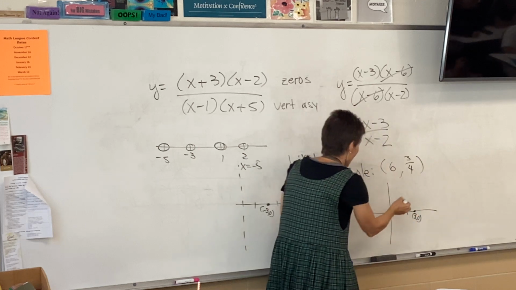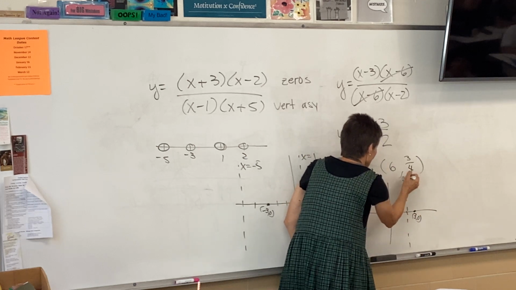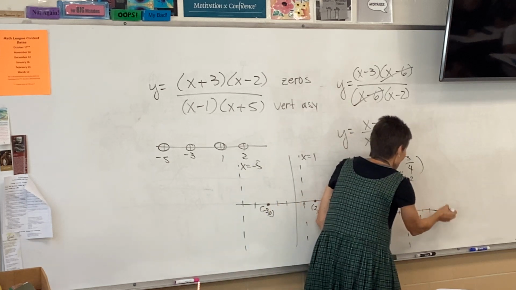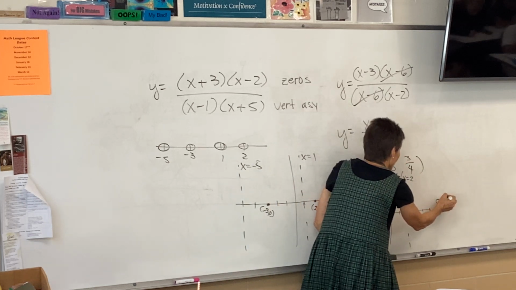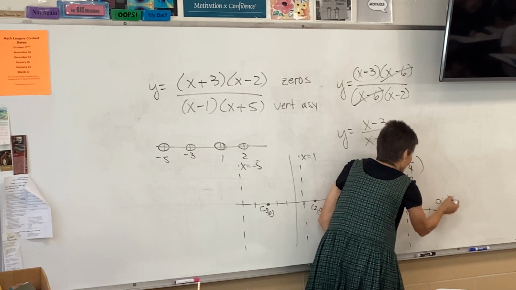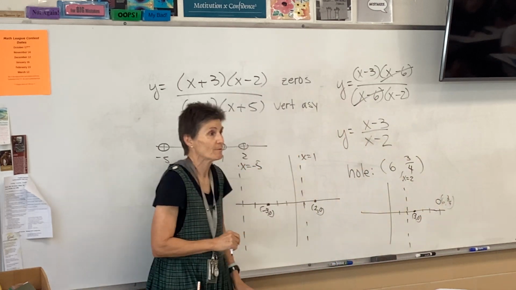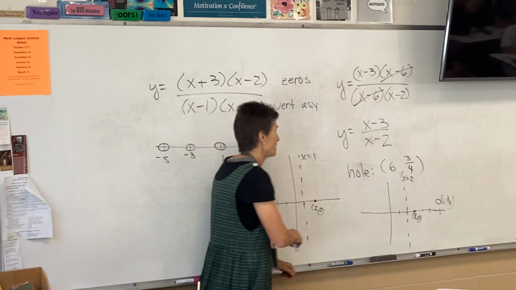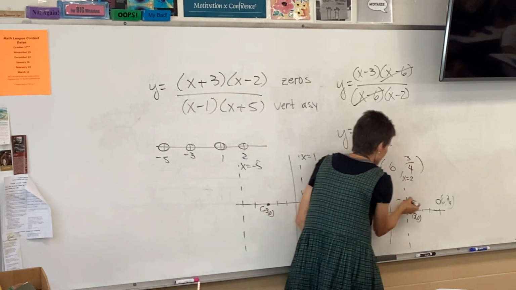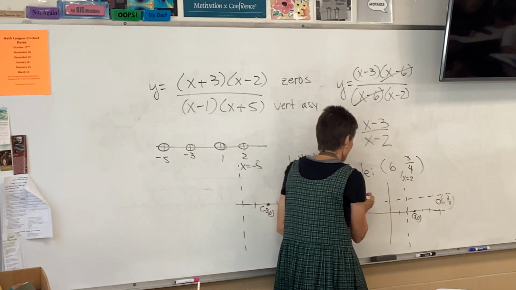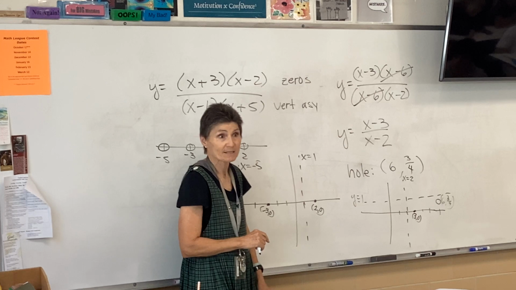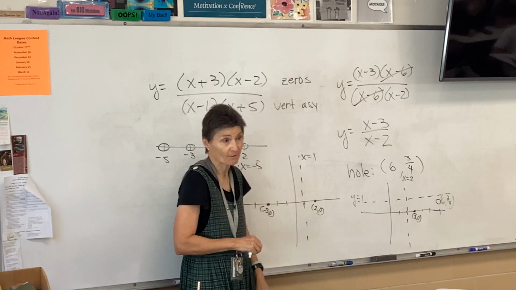We have a vertical asymptote at x equals 2. And now I know I have a hole or an open dot in my picture at 6, 3/4. And by the way, you already know the horizontal asymptote is at y equals 1. See how close we're getting to being able to actually draw these things. We're putting all the pieces together.